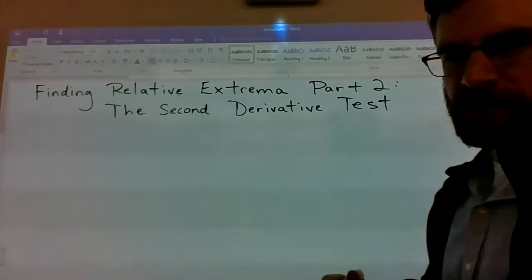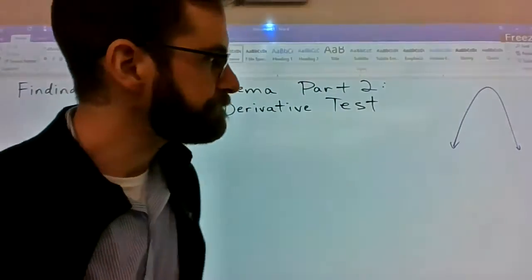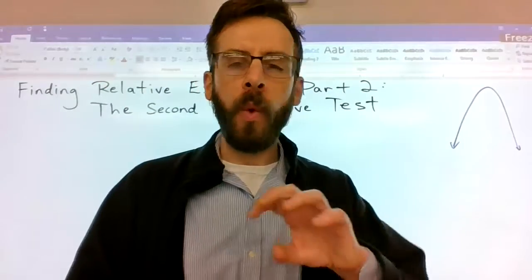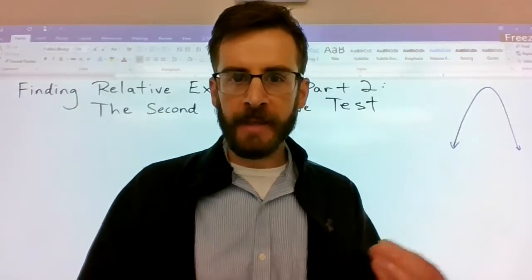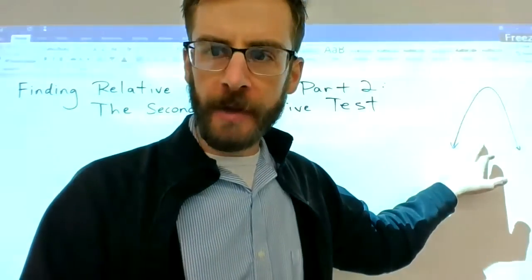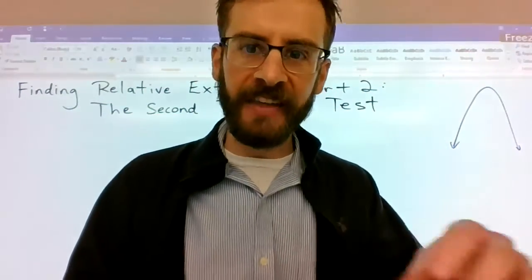Let's just say it's got sort of parabolic properties where it just looks like a quadratic function. Now, I can say this x value is probably going to be an extreme value. So you take the derivative and find that zero.